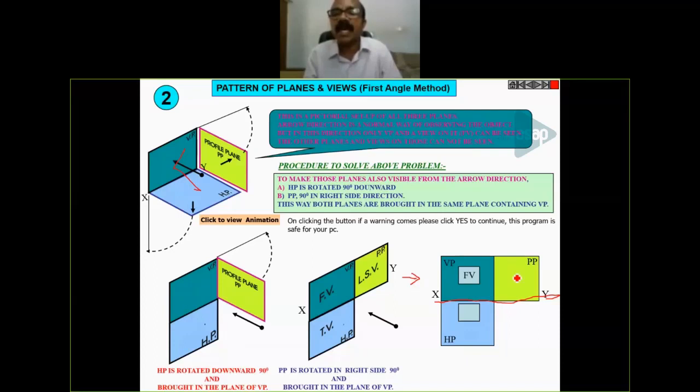Similarly, for drawing the right side view, you have to consider a profile plane here. Then you extend this XY line, and from the line of intersection of the XY line, draw a 45-degree inclined line.